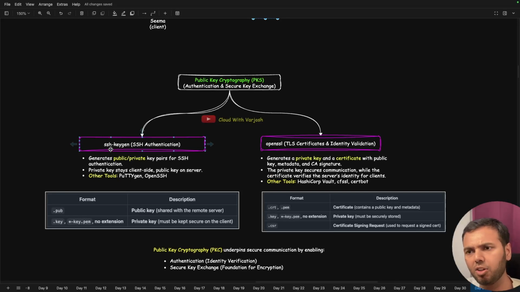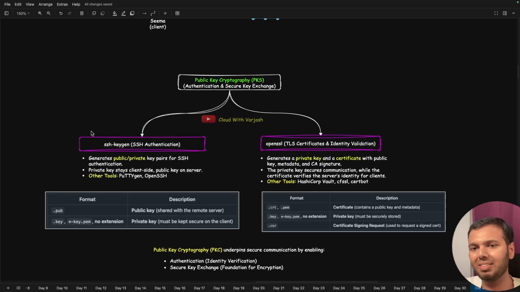There are other protocols like FTP Secure, SFTP, IMAP, SMTP that use public key cryptography behind the scenes for authentication and secure key exchange. But as DevOps engineers, you will be widely working with two key protocols of application layer that are SSH and HTTPS.